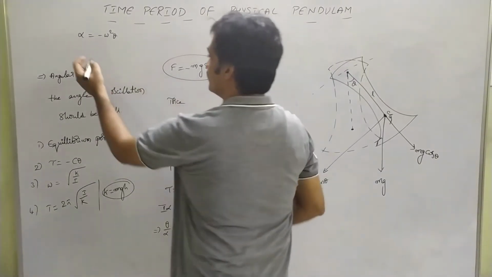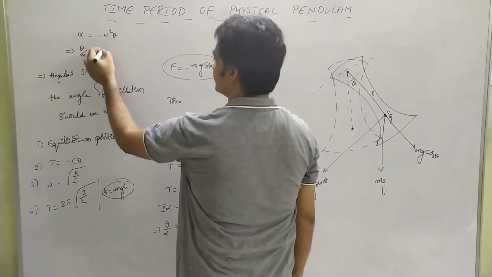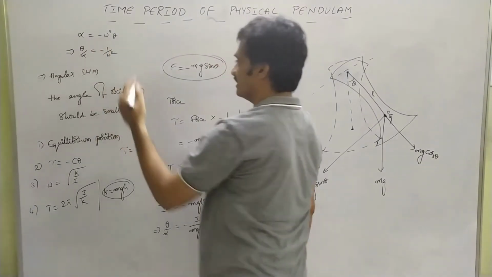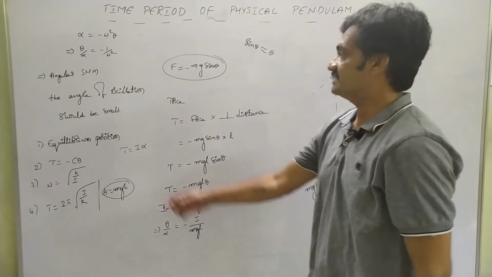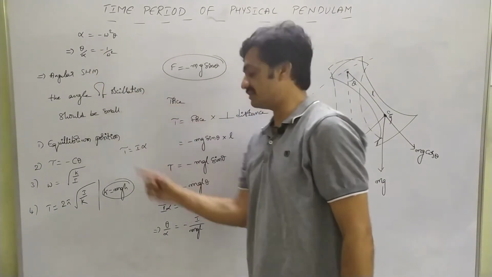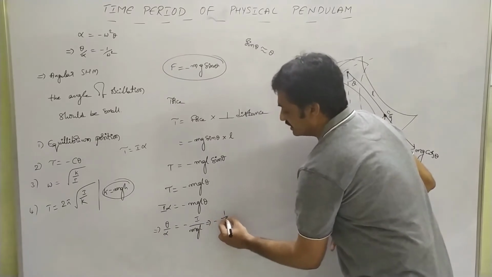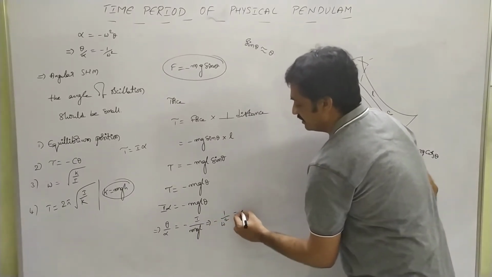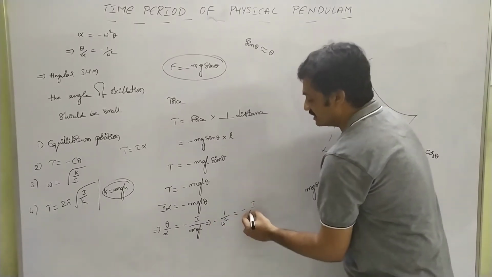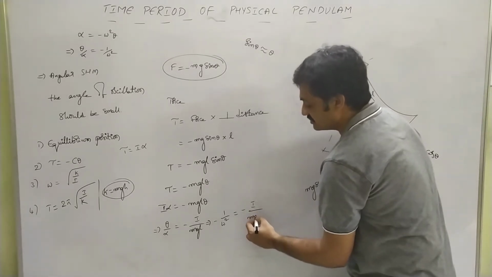So in the place of theta by alpha, we can substitute minus 1 by omega square. As we substitute this value, minus 1 by omega square equals minus I by mgl.